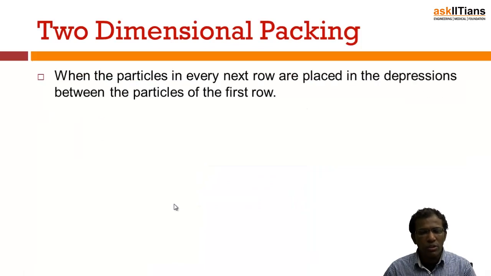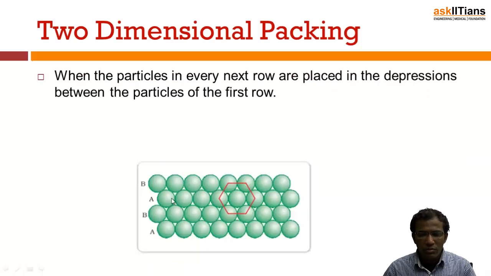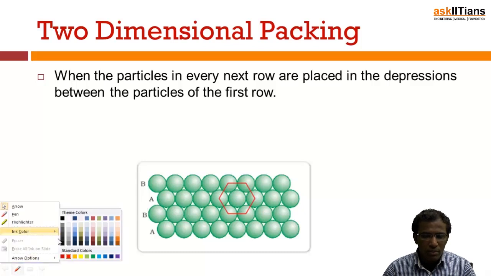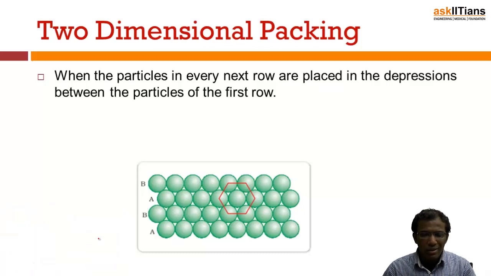So here I am taking the first row, that is A, as my first row. What I have done here is, instead of placing the spheres exactly below, I am placing them in the depressions. Here let me make you understand. So if I take 3 spheres, I arrange them in a row.